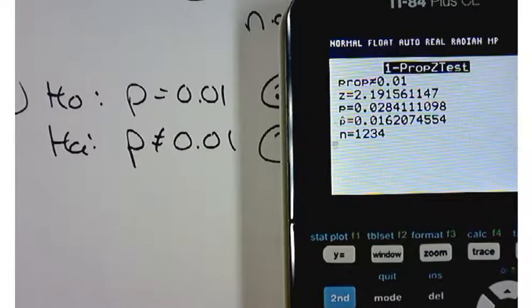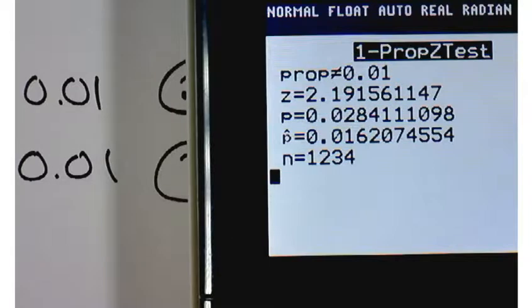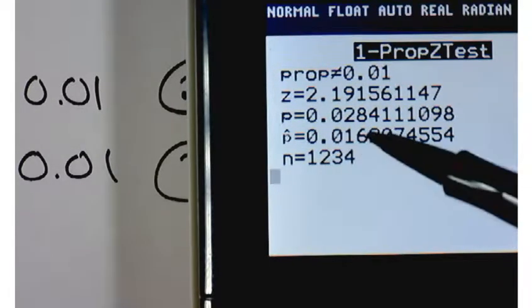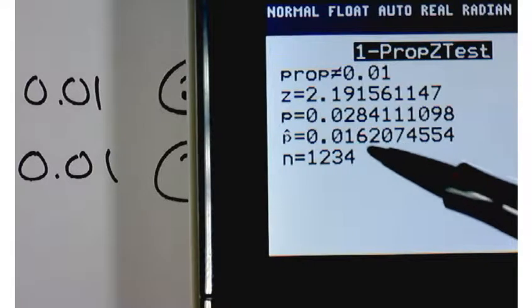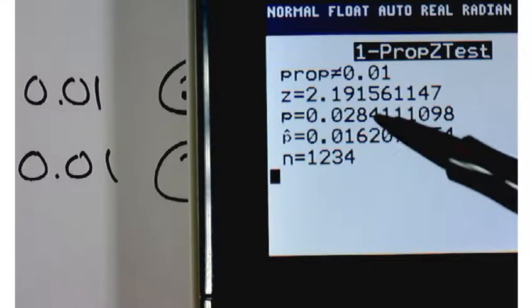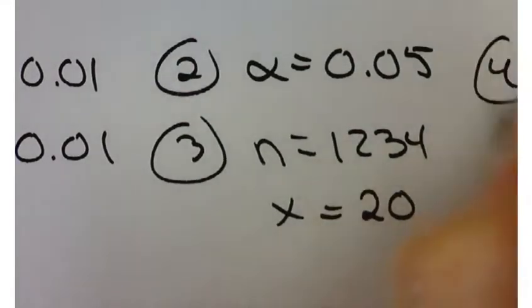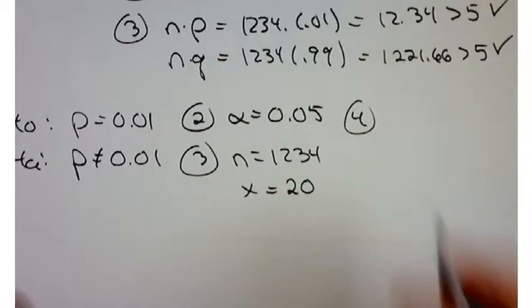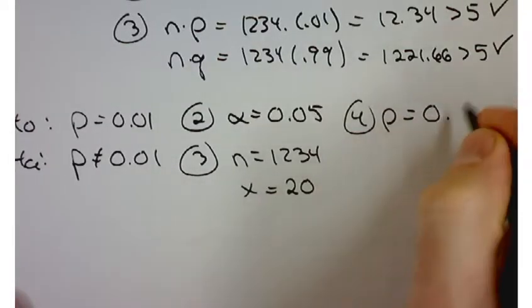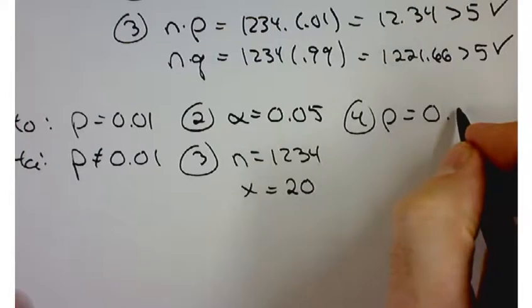The p-value. You have to be careful because it's giving you two things here, right? It's giving you p hat, the actual proportion, and then it's giving you the p-value. So the p-value is 0.0284. So that's my fourth step, the p-value: P equals 0.0284.